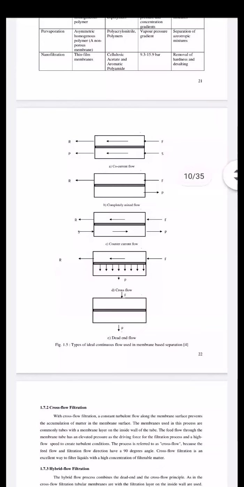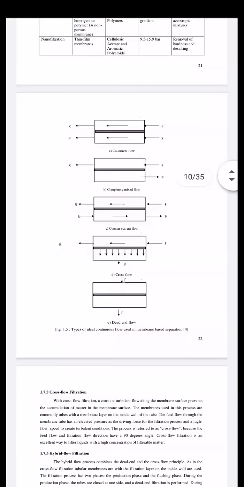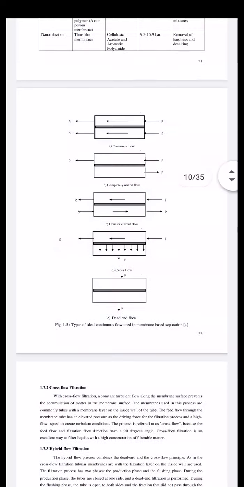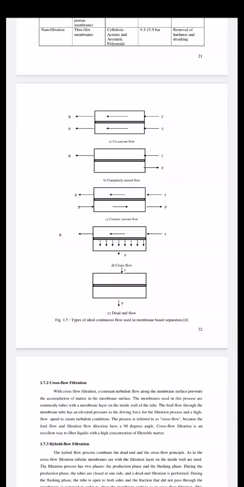Now, friends, in second year itself, I have been taught various processes in heat transfer using various types of flows. Basically, for conducting any process, you should have various types of flow like co-current, or parallel flow; counter current, that is the flows are in opposite directions; completely mixed flow, where the stream is totally mixed upon the membrane; and cross flow.